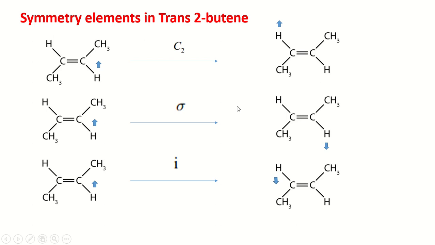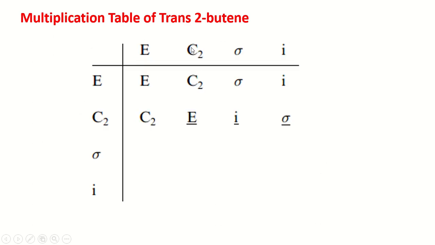So what will happen if we apply sigma then inversion center? This arrow will appear on the opposite side of hydrogen but upward. If it is downward, it changes into upward, and if upward, it changes into downward. So this would be equal to C2. We can write this here.